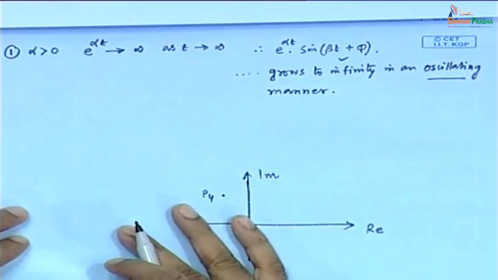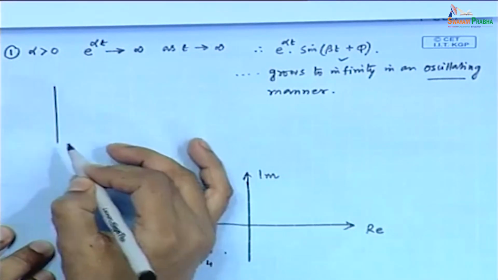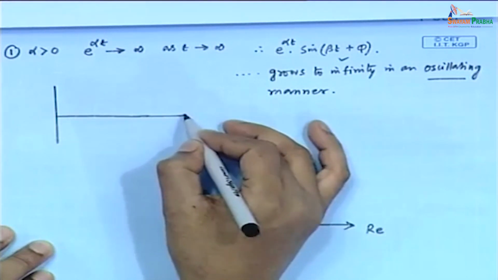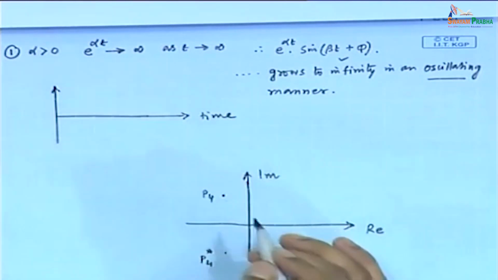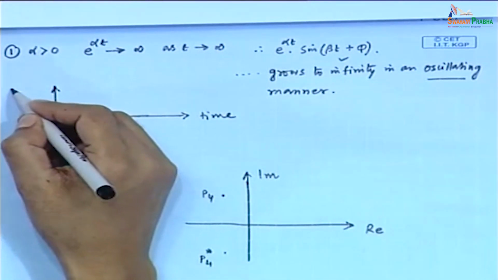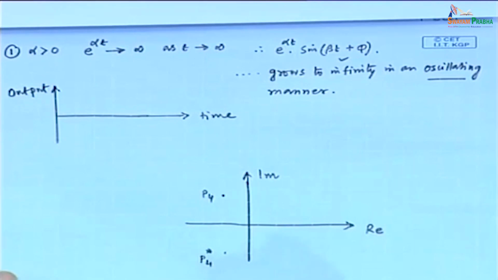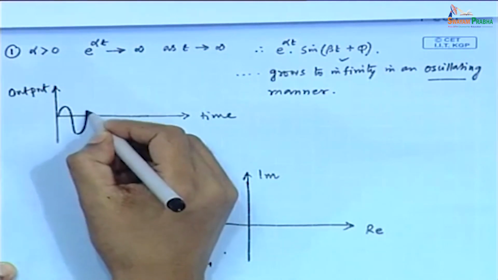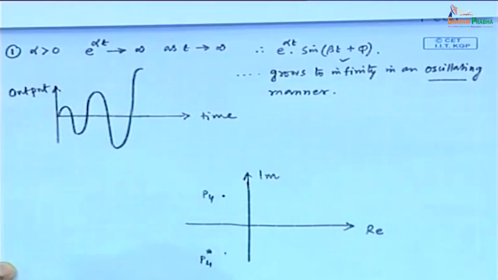So, how can we represent the system response graphically? Suppose this is time and this is the output.